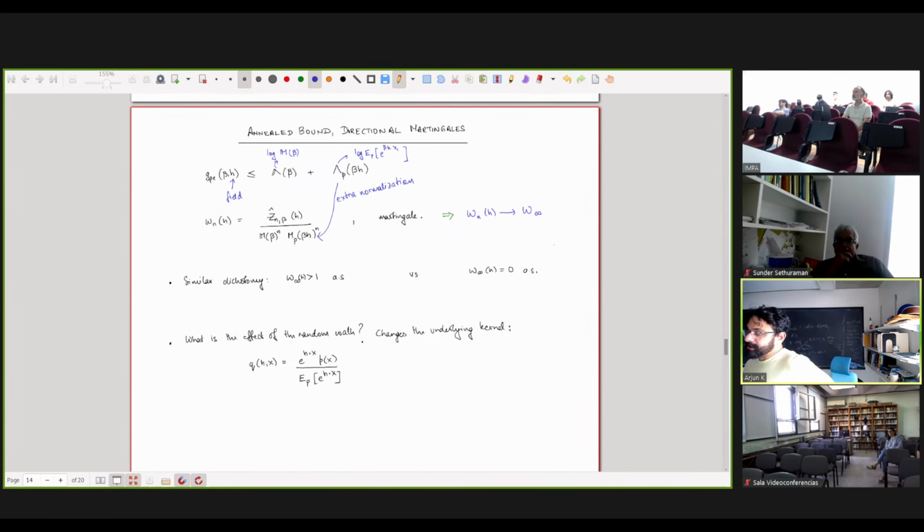And like Bolthausen did, you can similarly construct a dichotomy. You say that either W infinity is bigger than 0 almost surely, or it's equal to 0 almost surely, but now it depends on h.